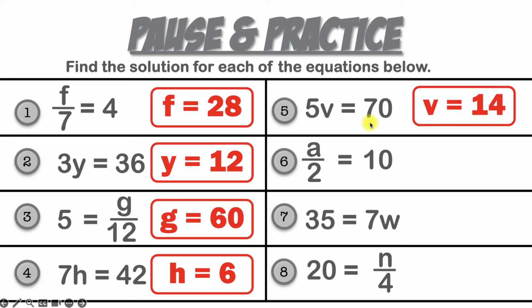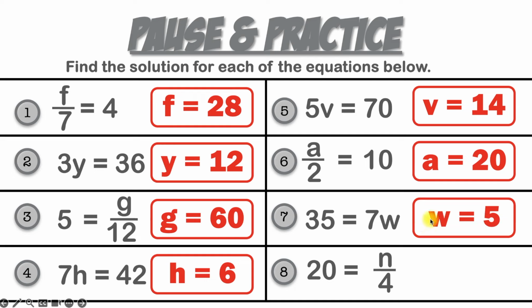Number 5. The solution is v equals 14. Number 6. The solution is a equals 20. Number 7. The solution is w equals 5. And number 8, the solution is n equals 80.